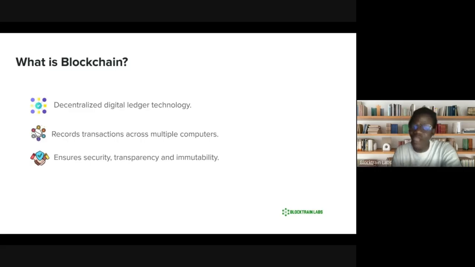When you hear the term blockchain, what it simply means is that it is a digital ledger technology. Let me give you an example. Some of you probably take part in these thrifts that people do. There's always an agreement that within a period of time, we must all contribute an amount, and then one person will get a certain amount on a monthly, weekly, or quarterly basis.